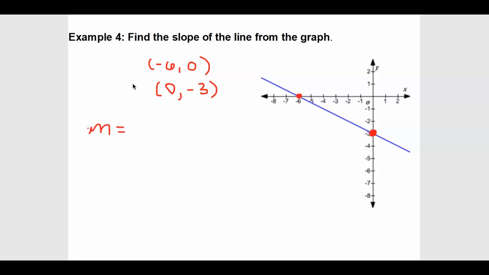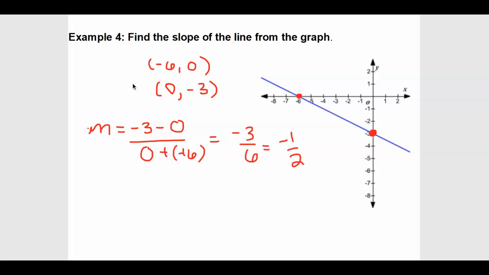So it's y2, which is -3, minus y1, which is 0, over x2, which is 0, minus x1, which is -6. So I get -3 over a +6, or a slope of -1/2.